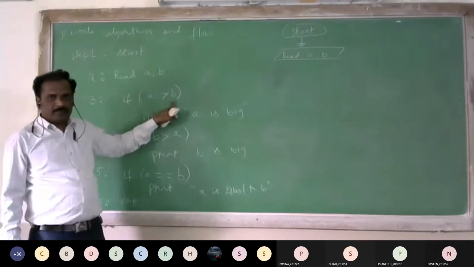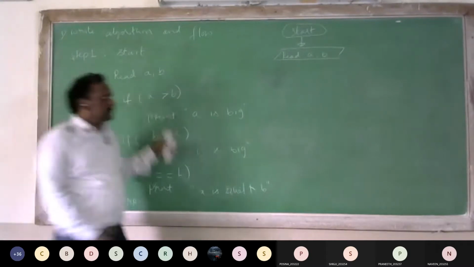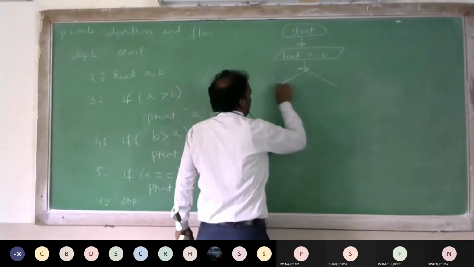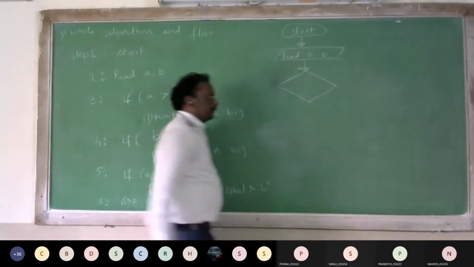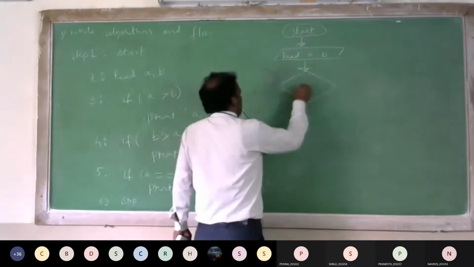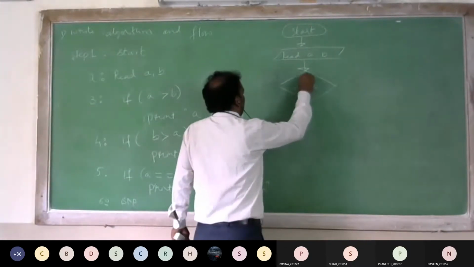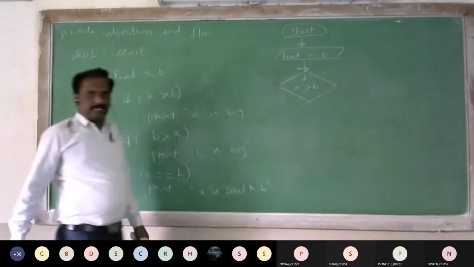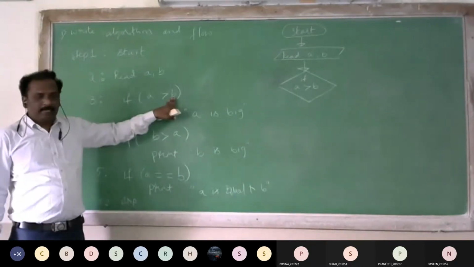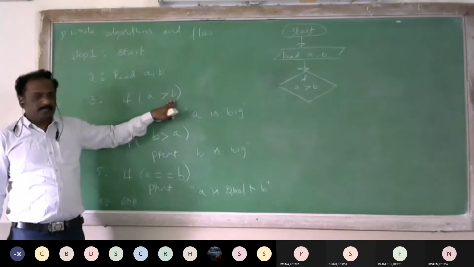So for this kind of condition, we use the rhombus symbol. Here, A greater than B. Because there are two values, it can be true or it can be false.